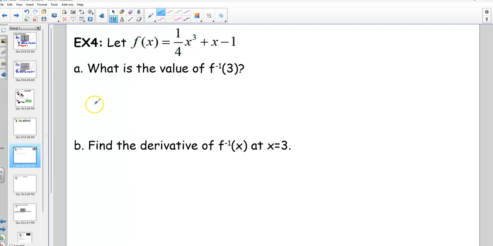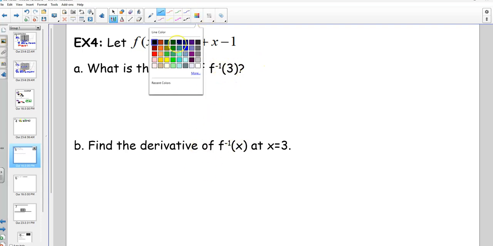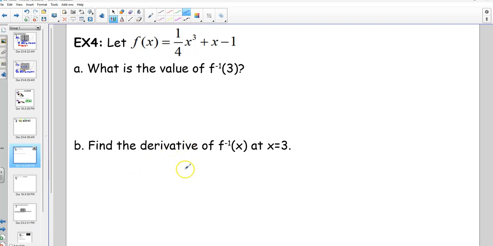So, in fact, I might even skip down to B right here. They're eventually going to ask us for the derivative of f inverse at 3. So they are asking for f inverse prime of 3, which means you're going to have 1 over f prime of f inverse of 3.